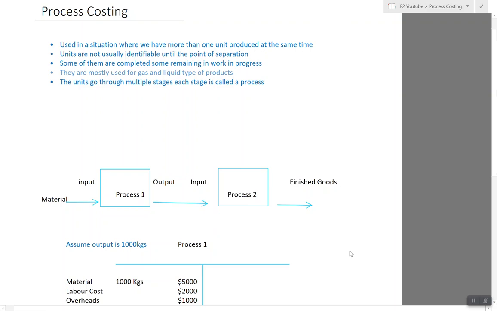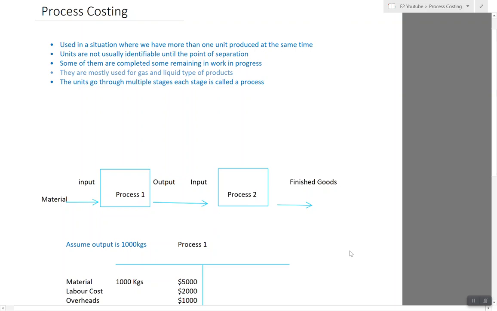Sometimes we have more than one process that the products go through. So our job here at F2 level is finding the cost incurred in each product, the valuation of each product, and the percentage of completion of each product.